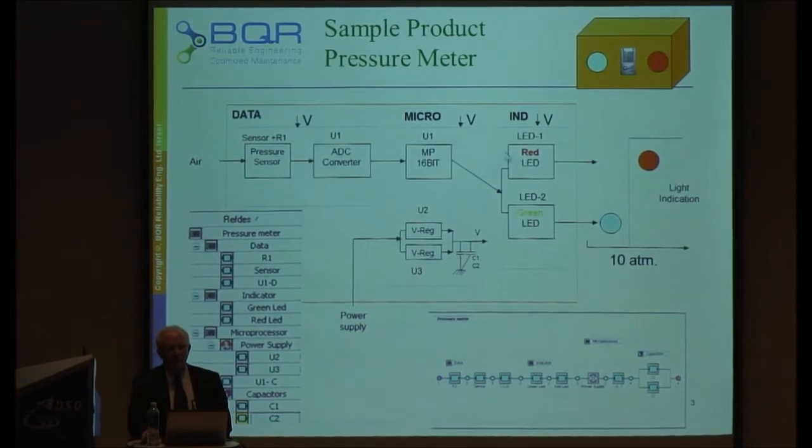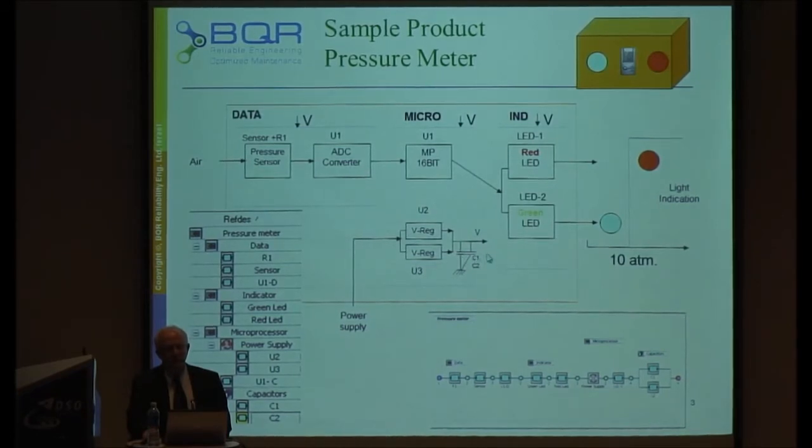Now, in order for this to run and operate, we need to provide a power supply. If we provide a power supply to the whole circuit, it means that if there is a failure in the power supply, the whole product will fail. So we build in some redundancies. The power supply goes in, and then we have two voltage regulators which provide the voltage, and we have two capacitors as a redundancy.